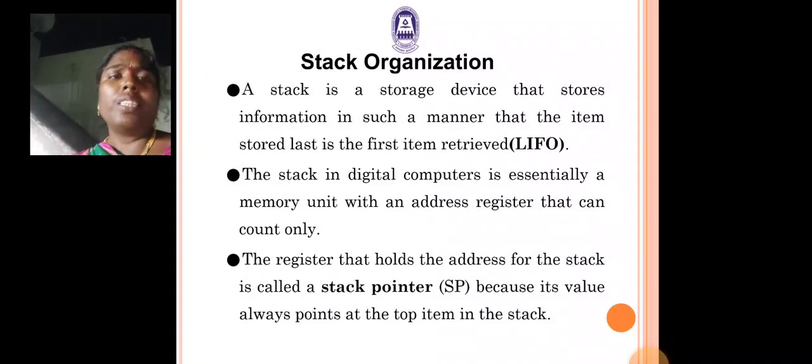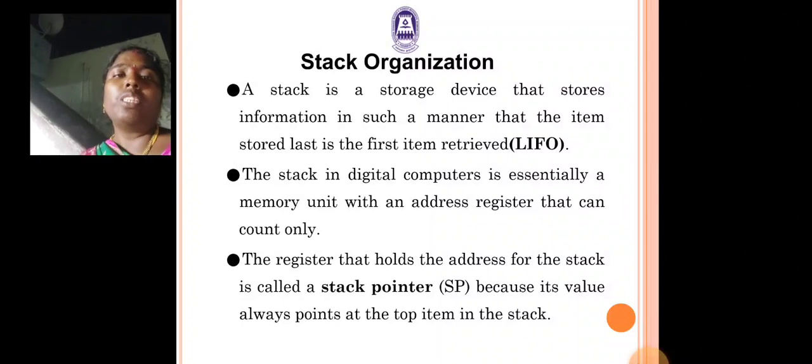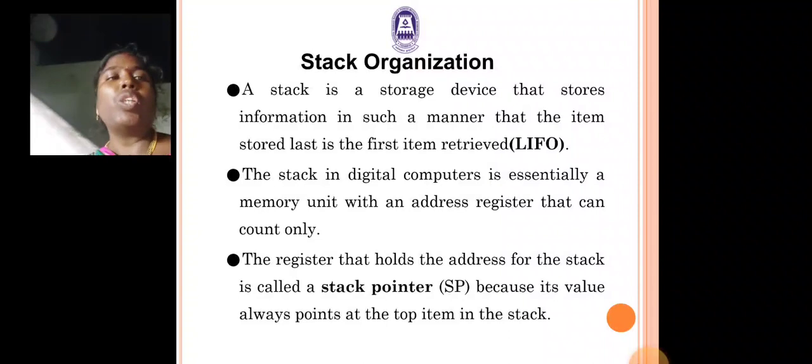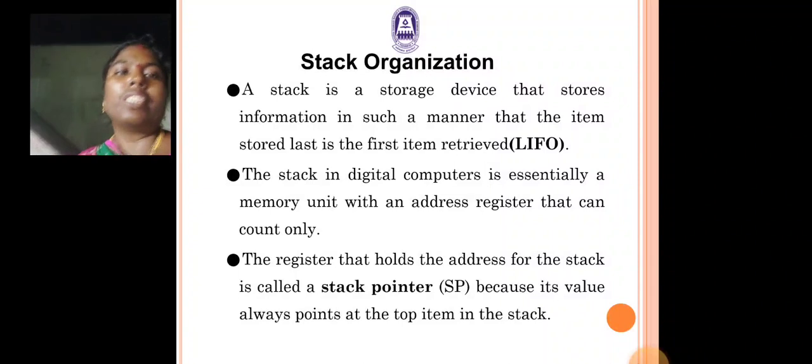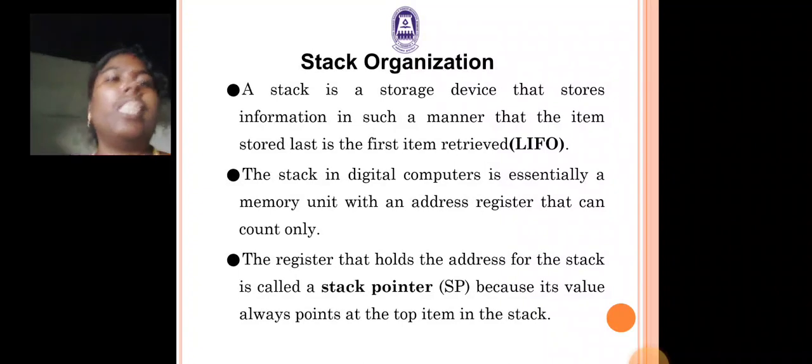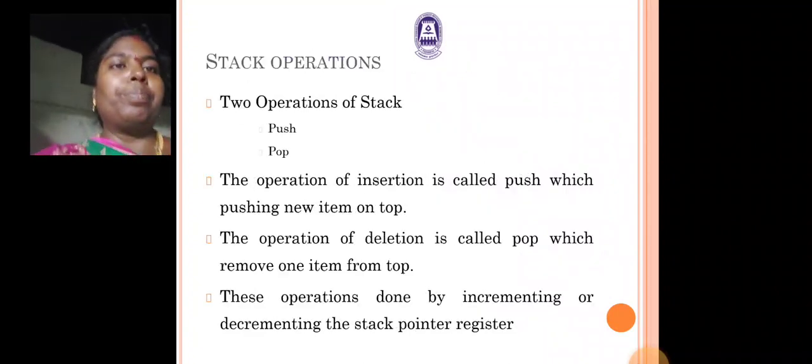The register that holds the address for the stack is called a stack pointer because its value always points at the top item in the stack. So in stack organization, the stack pointer is very, very important. The stack pointer holds the address for the top value of the stack.